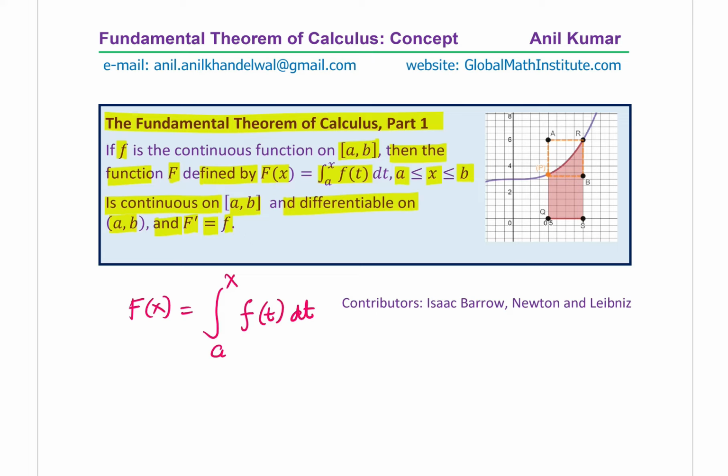So what do you notice here? The area function we are talking about is actually dependent on the moving boundary, a to x. You get the idea, right? So that is the relation.